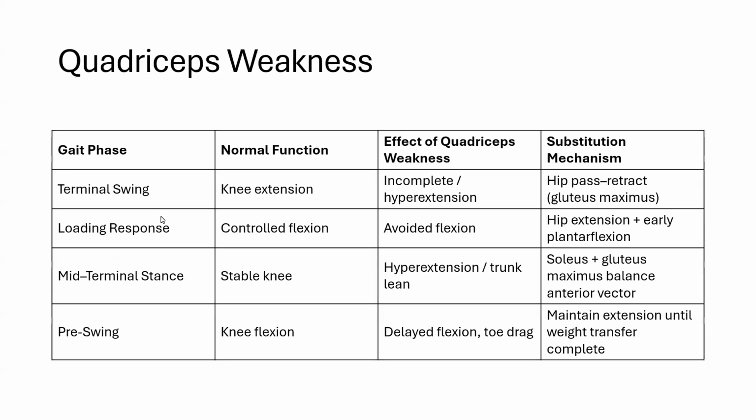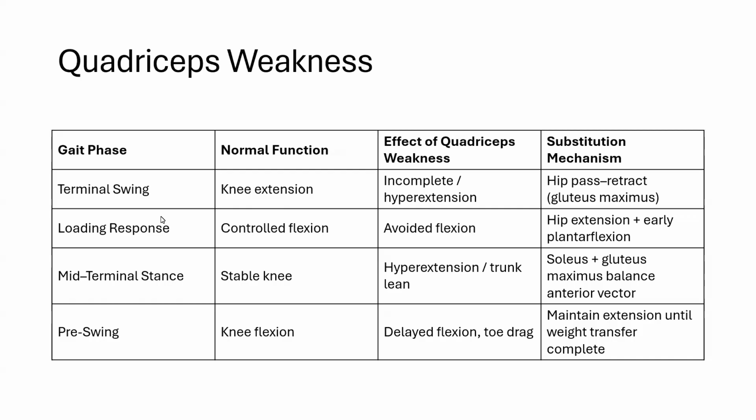Coming first to quadriceps weakness. I have mentioned in the subsequent slides the normal function of the knee during the gait phases, the effect of the pathology like quadriceps weakness, and some substituting mechanisms which the body uses to overcome this pathology.